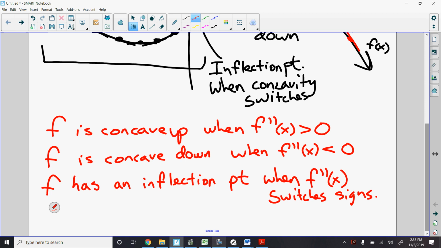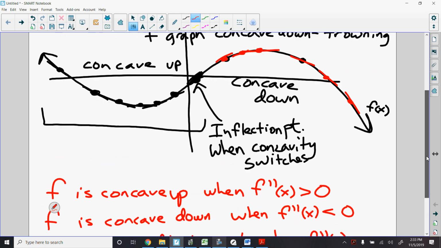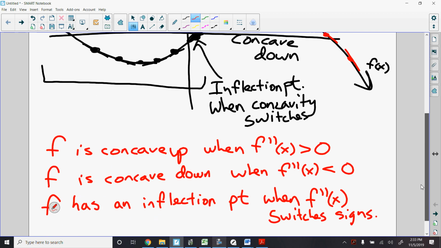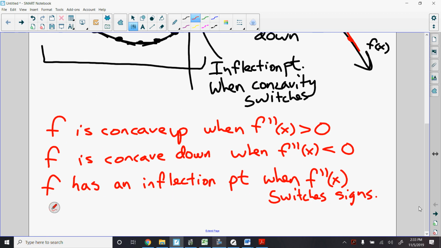So that inflection point there in the graph that I drew above, right? That inflection point is when we switch from concave up to concave down. So f double prime would have gone from positive numbers over here to negative numbers over here. Okay? So let's talk about how this works then in terms of solving an equation.